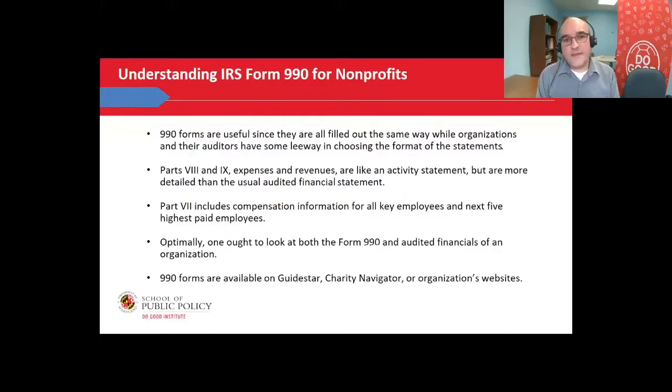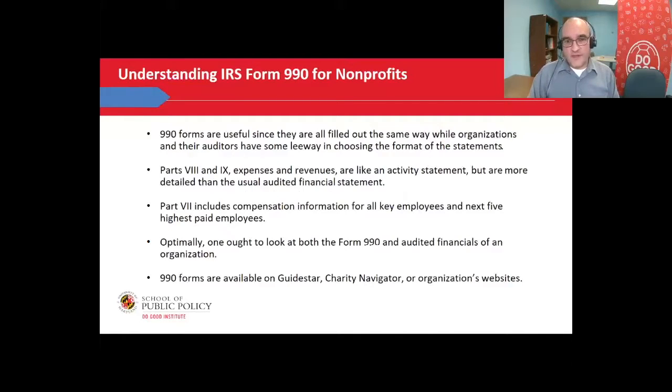With the 990s, you can use Parts 8 and 9, which cover expenses and revenues made and received during the fiscal year. And you can produce something like an activity statement that covers money spent and money gained. You get more detail on a 990 than you typically get in an audited financial statement, but you get a lot of the same information.